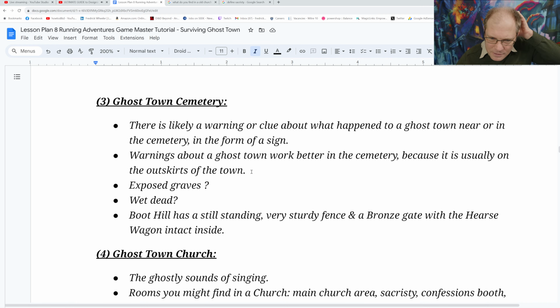I guess headstones would be a common thing. We're not going to have rooms. That obviously isn't going to apply. Exposed graves, headstones. Oh great, yeah, or gravestones. You could say gravestone. Headstones or gravestones. We'll just put gravestones, so it's easier to get that done. Gravestones, yes. We want them.